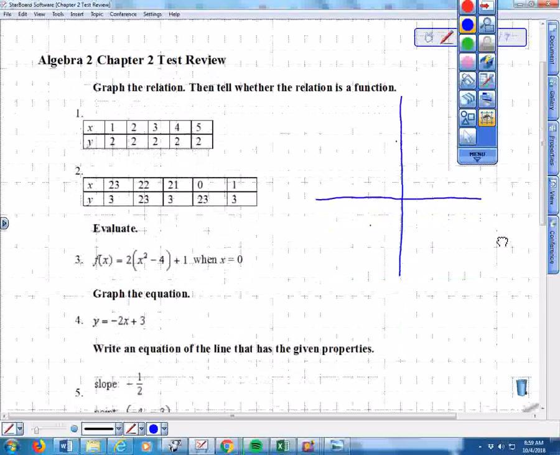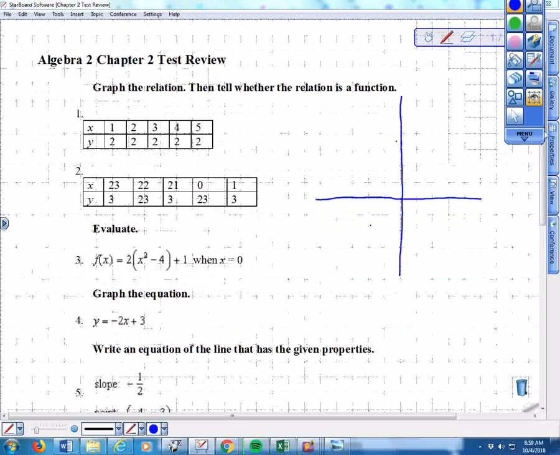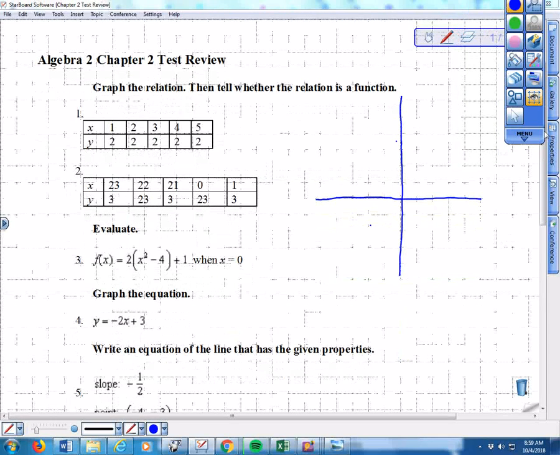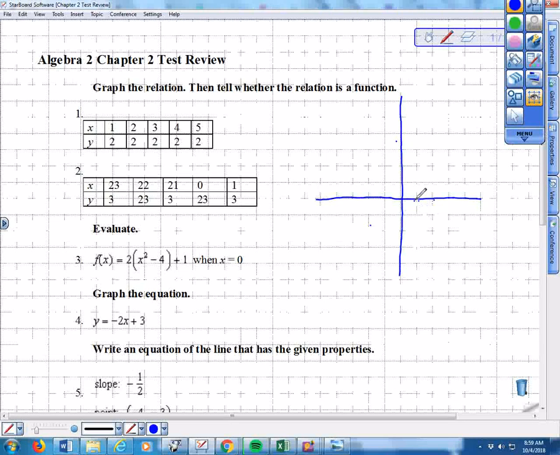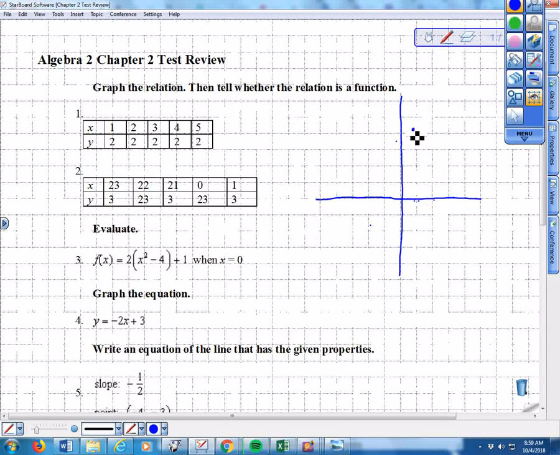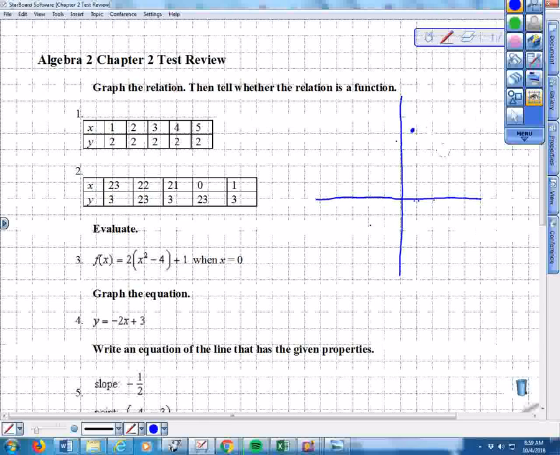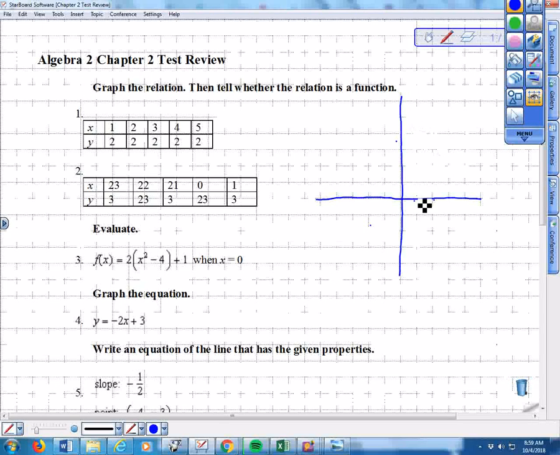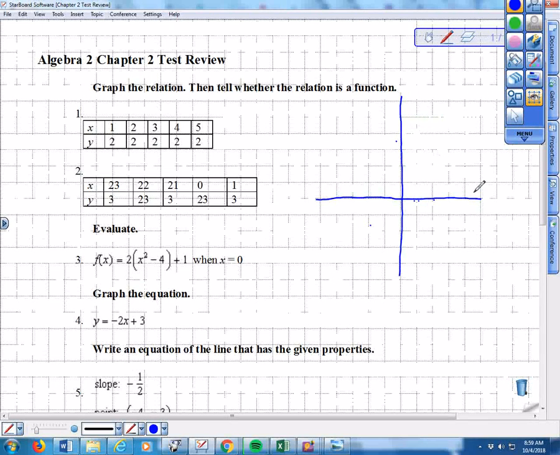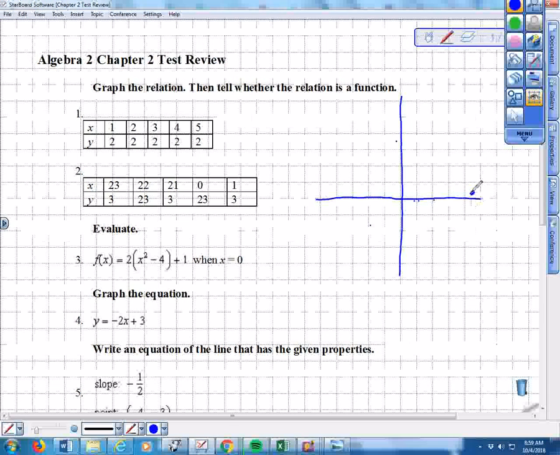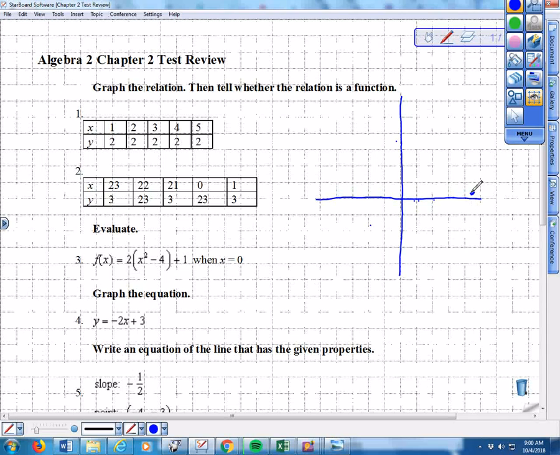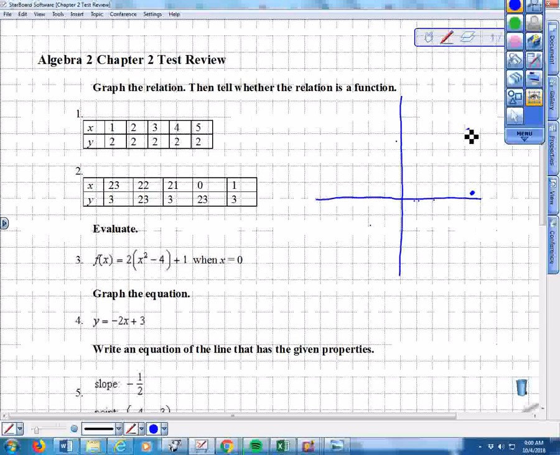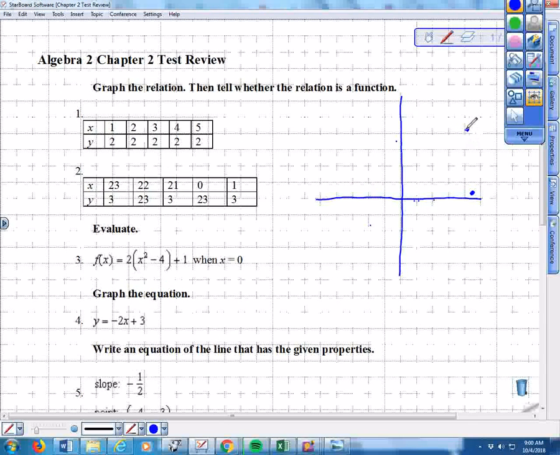Next one, (-3, 3). So I'm going to just approximate here. I'm going to make each one of these 5. So 3 and 5, 10, 15, 20... nope. (-3, 3). Let's do it that way. 5, 10, 15, 20, (-3, 3). And (-2, -3). Somewhere there. (-1, 3).